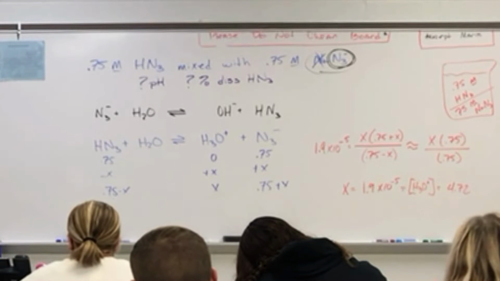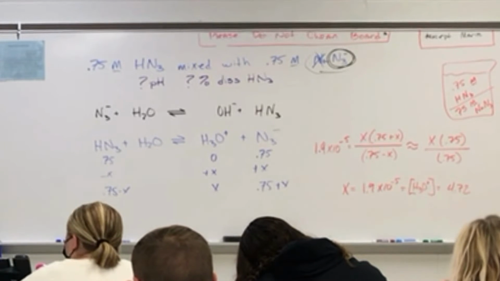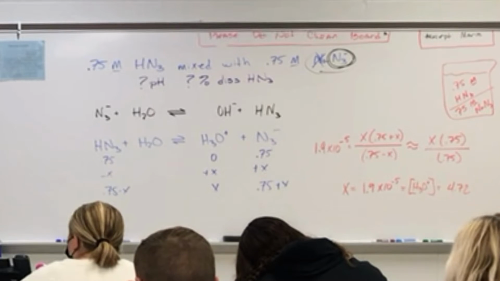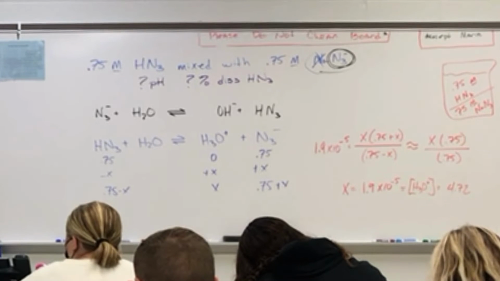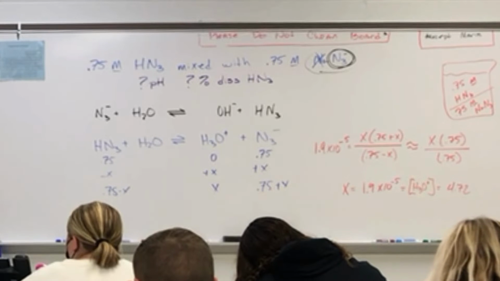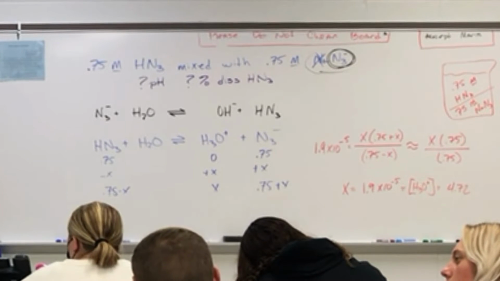So there's a couple ways you can look at it. You can look at it as adding a base, which is kind of neutralizing the acid, even though they're conjugates of each other. Or you can look at it as an equilibrium: you're adding a product that's going to cause the reaction to shift towards the reactants and decrease the amount of hydronium. Either way is correct.